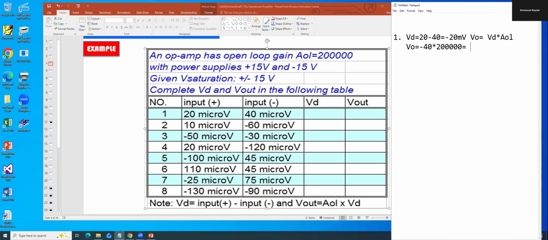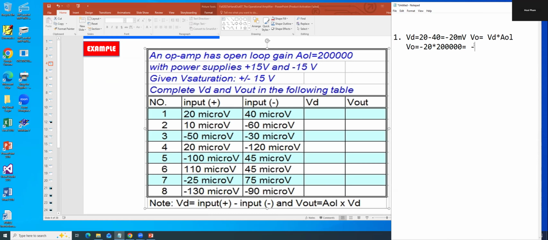Isn't it supposed to be negative 20 microvolts? Isn't that the VD? No, right now we're looking for VL. VL equals VD times AOL, right, minus 20. It should be negative 4 million. The V out should be minus 4 million.